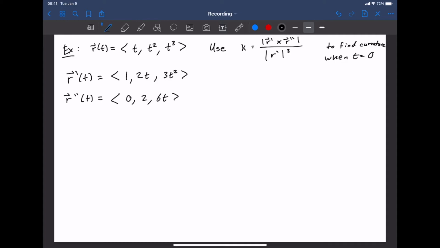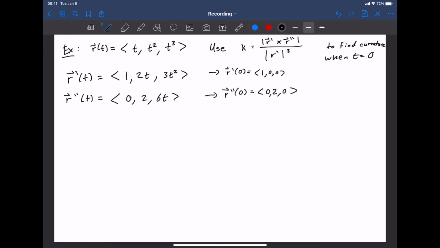So, what's next? Because I have a specific time value, now is when I want to plug things in. So r prime of 0 is 1, 0, 0. r double prime of 0 is 0, 2, 0, right?